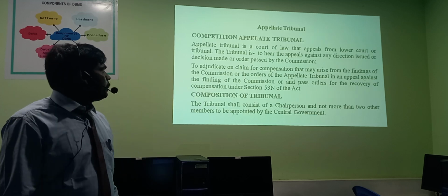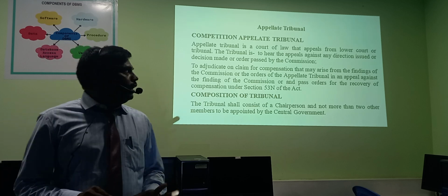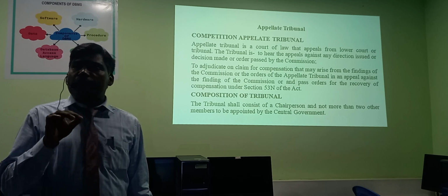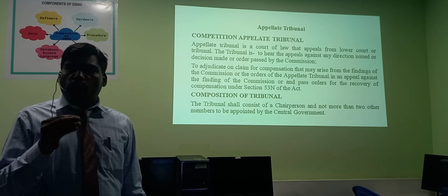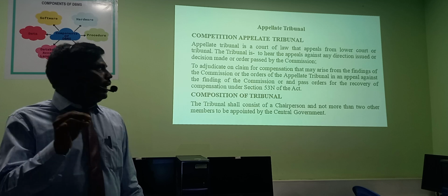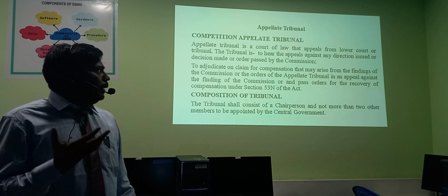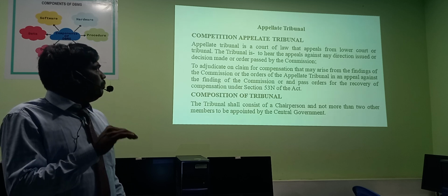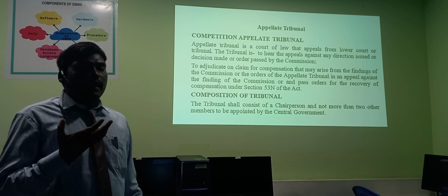Next, the appellate tribunal. What is meant by the appellate tribunal? It is a court of law that hears appeals from a lower court to a higher court. Appeals can be made against any direction, decision or order passed by the commission.